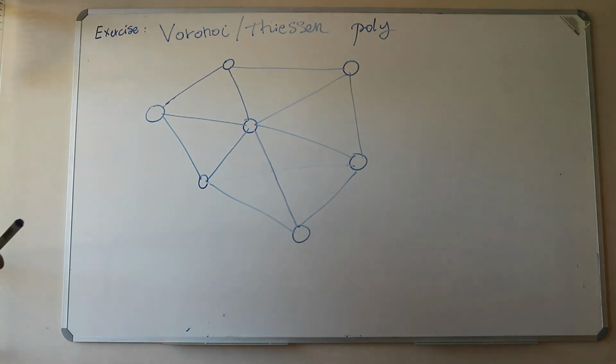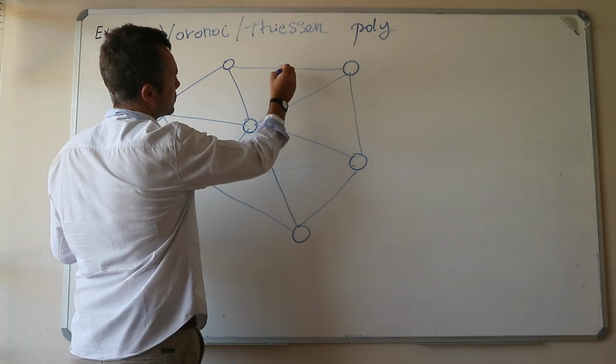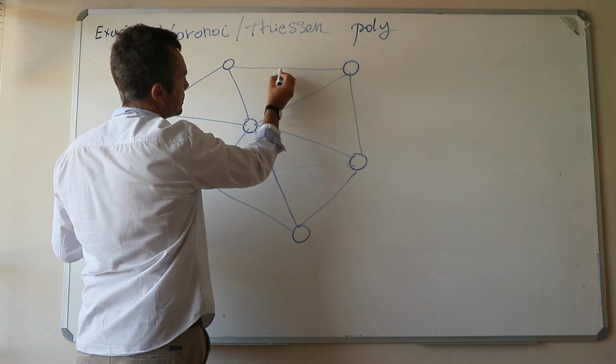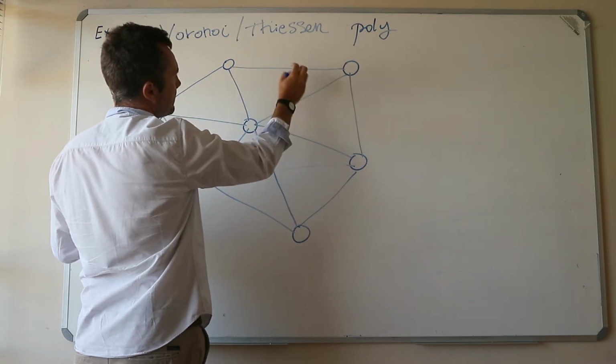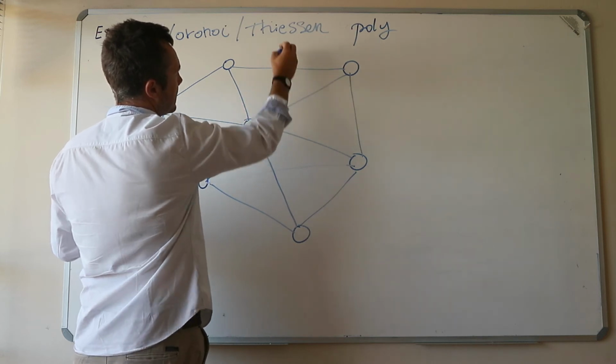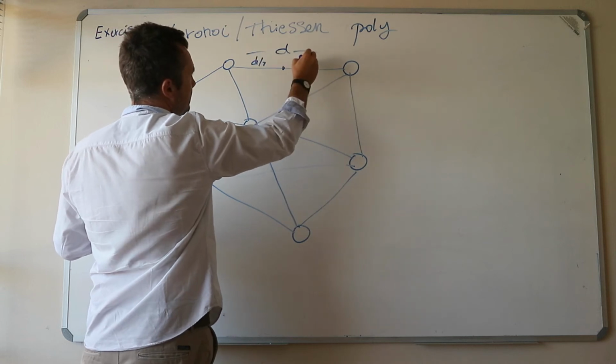Okay, so this is the first step, and then the second step is actually, again, very simple. We need to calculate the bisector. That means the perpendicular at the middle point of those links. So if the middle point is that one, the same distance here and there, this is D, so this is D by 2, D by 2.